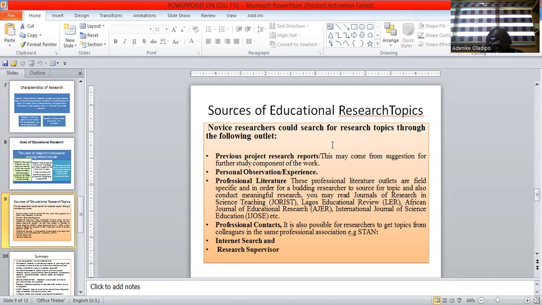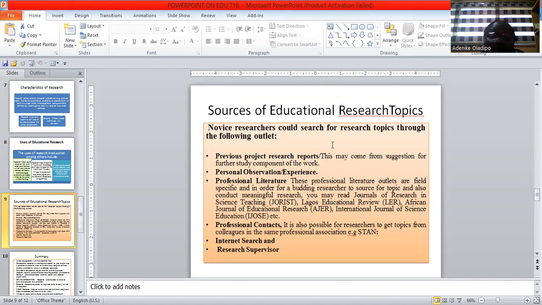You could also go on the internet and search. Your research supervisor could also be a source of educational research topic. If your supervisor is studying or carrying out research in a particular area, it is likely to motivate you to want to join him or her in that area.